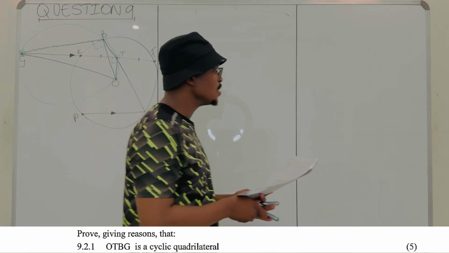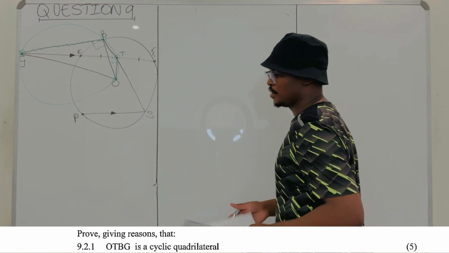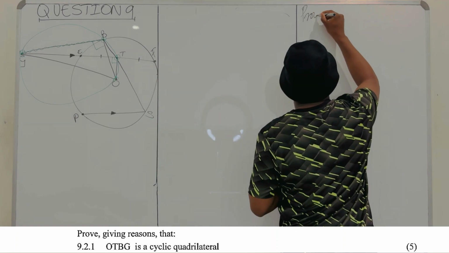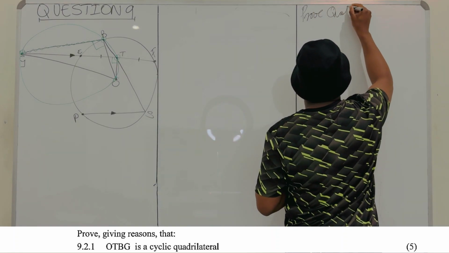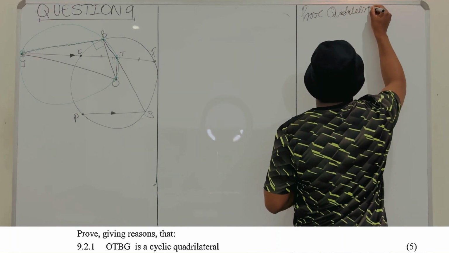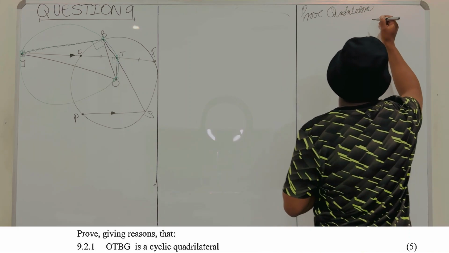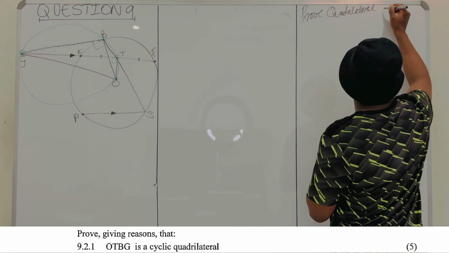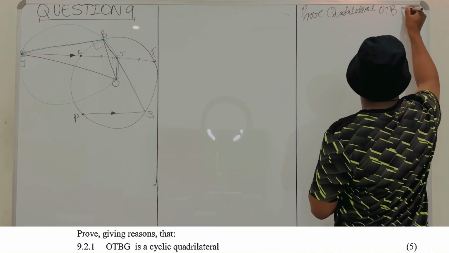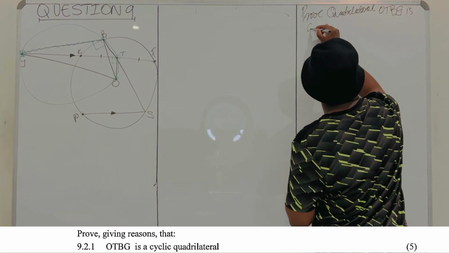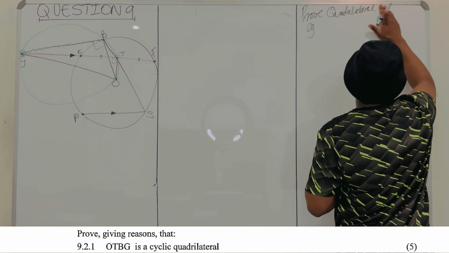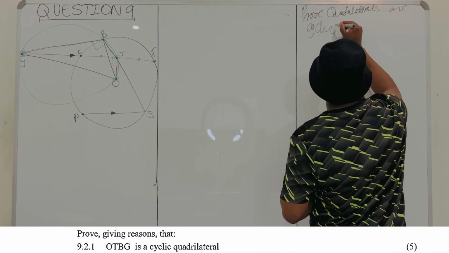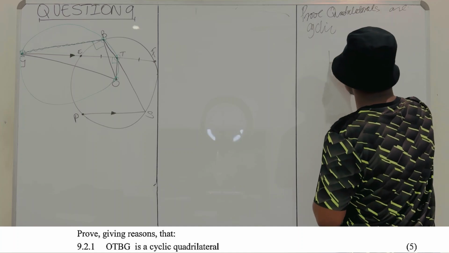So, proving quadrilateral OTBG is cyclic. Let me just say proving quadrilaterals are cyclic. So let's say you have a quadrilateral like this.